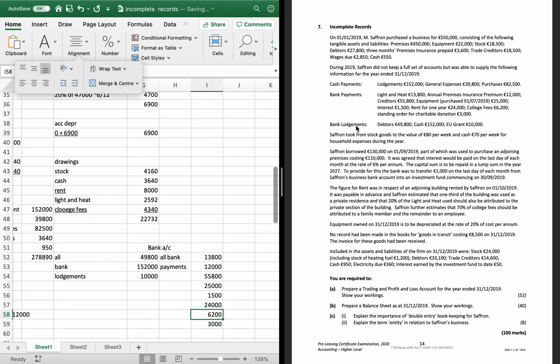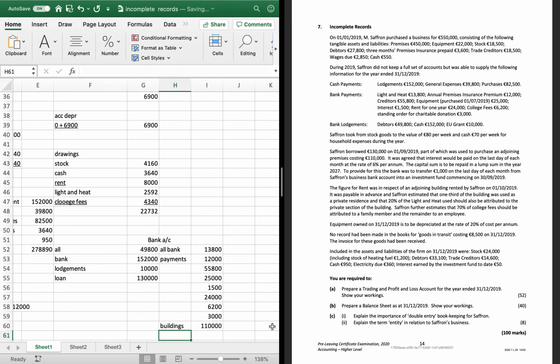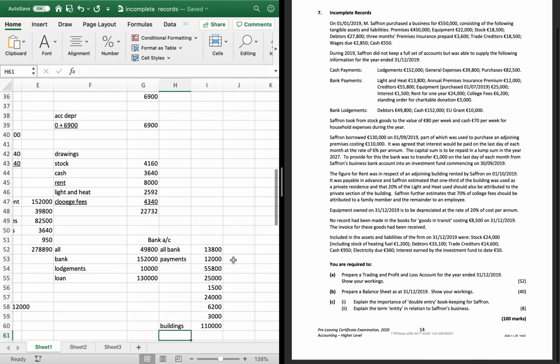So then you're saying, well, what else have we lodged money into our accounts for? Well, we've lodged the loan. So the loan goes in. The loan was for 130,000. But then he used the loan to buy a building, so the building is 110,000 on this side. Next thing, has he transferred any money out for an investment?